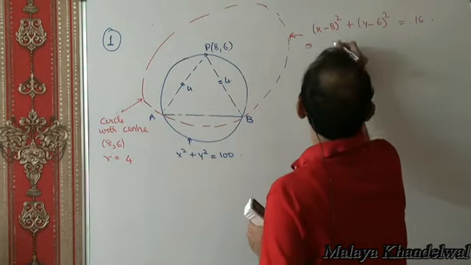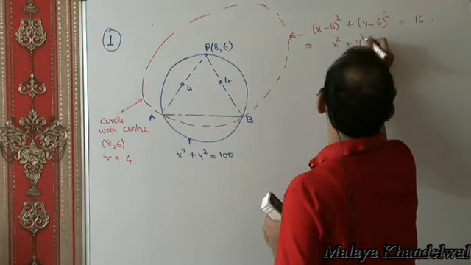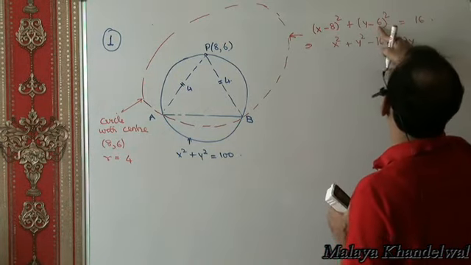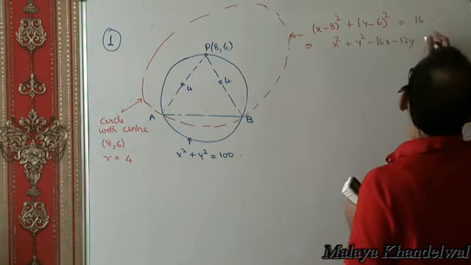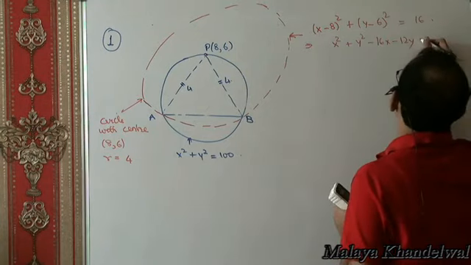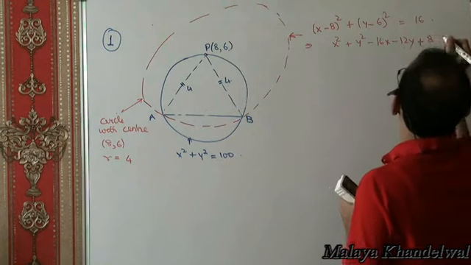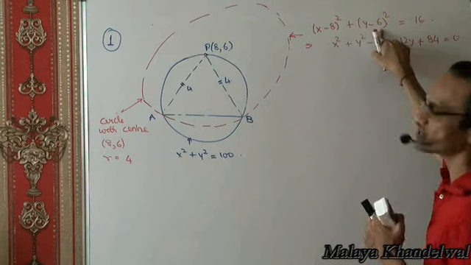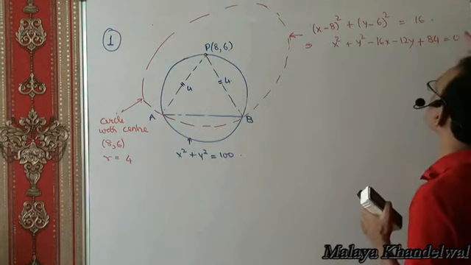Which is like x squared plus y squared minus 16x minus 12y plus 64 plus 36, 100, minus 16, which is 84, equal to 0.